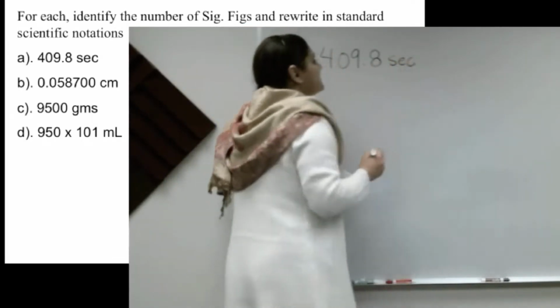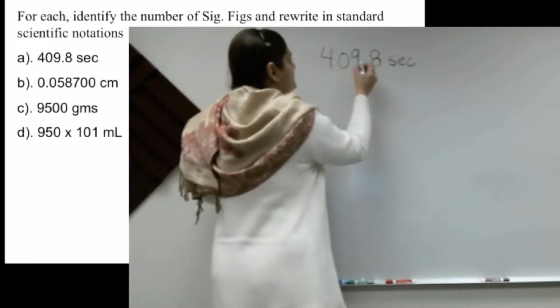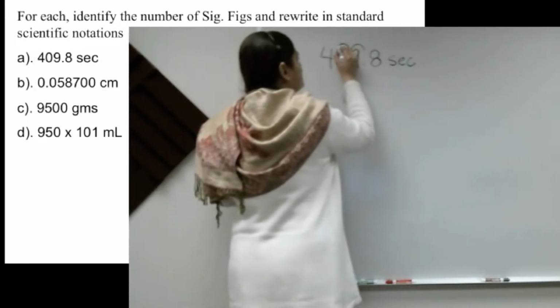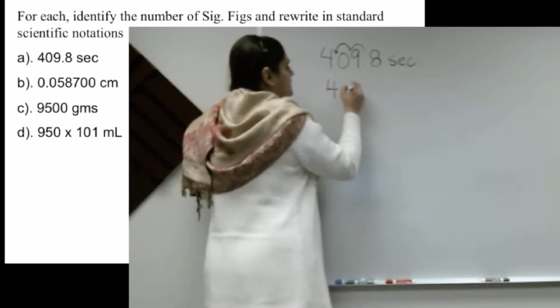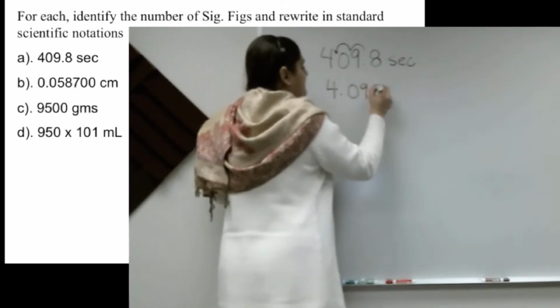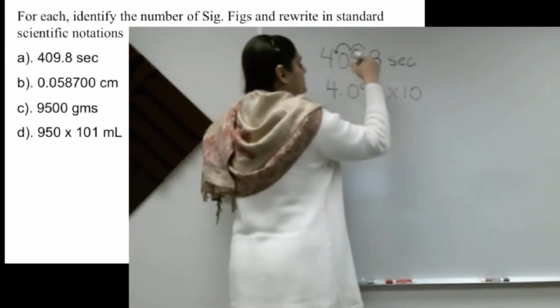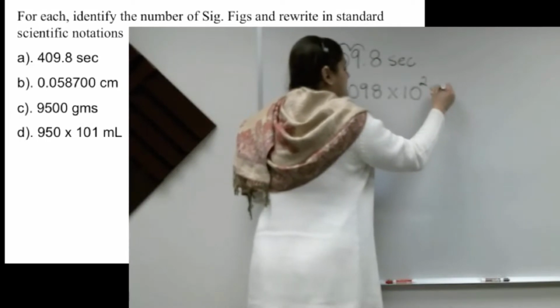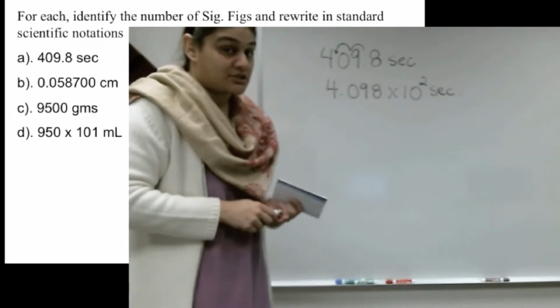If I was to express this in scientific notation, what will it be? So I'm moving the decimal over 1, 2 here. So I will get 4.098 times 10 to the 2 seconds. That is expressing it into scientific notation.